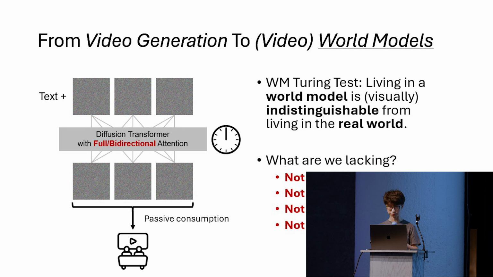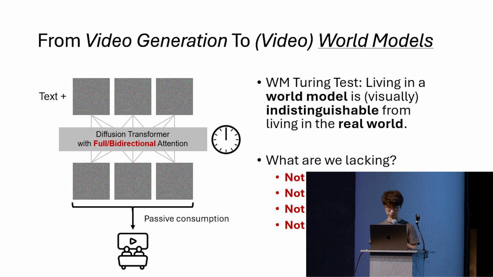There's another very hot topic, world models. I guess that's also what everyone here is interested in. So what does that mean? How do you differentiate video generation models from world models? My personal definition is the so-called world model Turing test. Ultimately, a world model is perfect if living in a world model is visually indistinguishable from living in the real world.